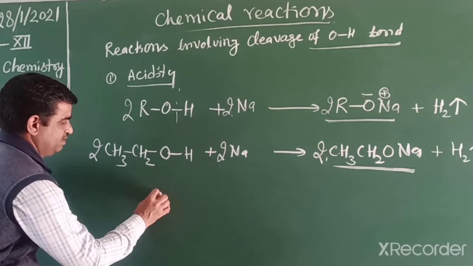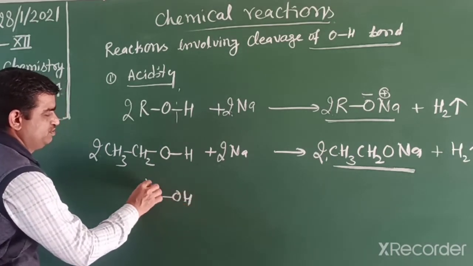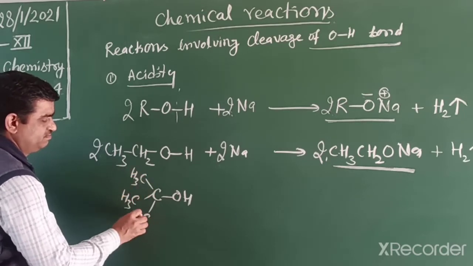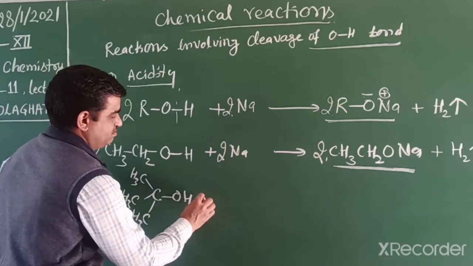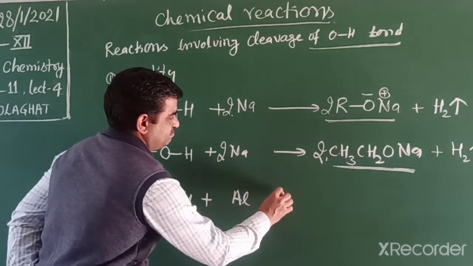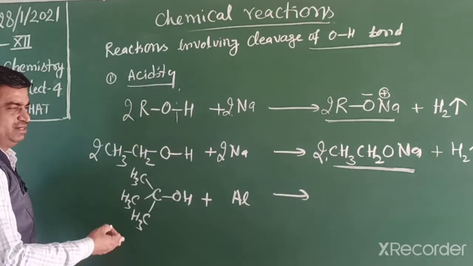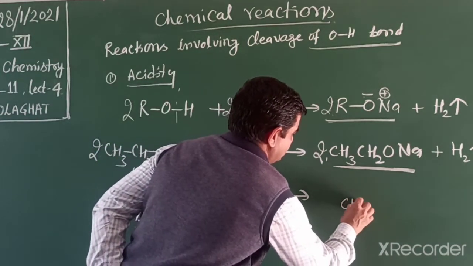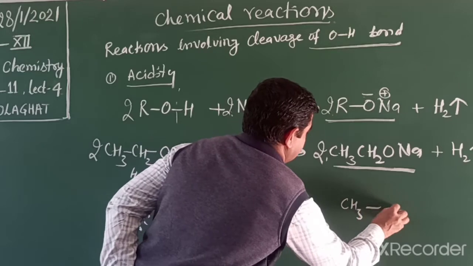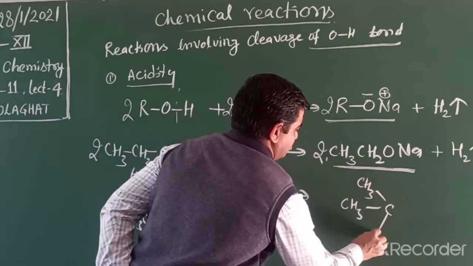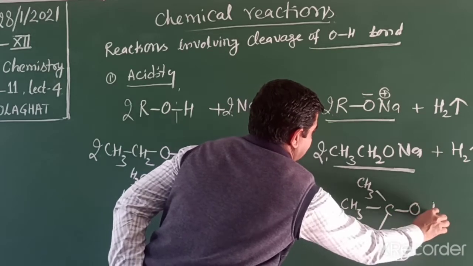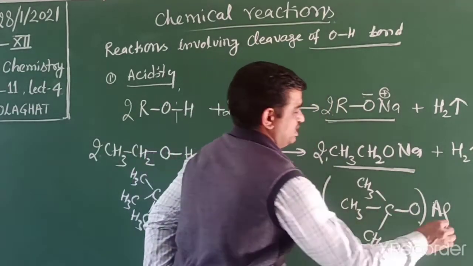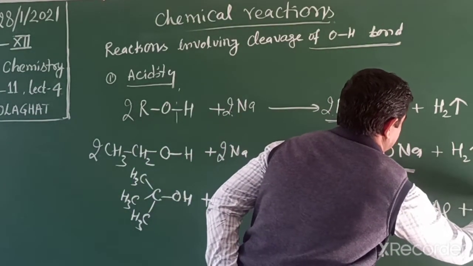If we take another example, tertiary butyl alcohol, when it reacts with aluminum metal or sodium, then it also releases hydrogen gas because aluminum also displaces hydrogen, and we get tertiary butyl oxide plus hydrogen gas.